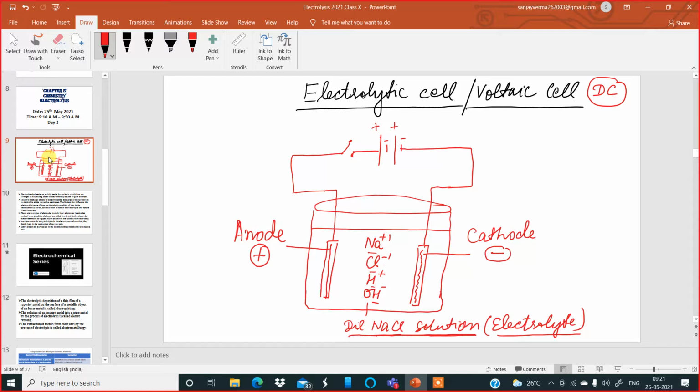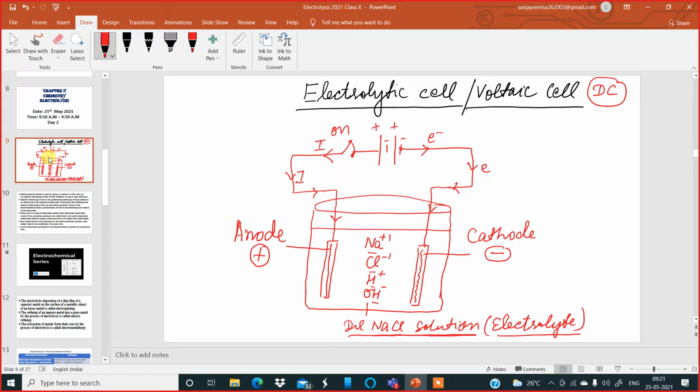But as soon as I put on the switch, the current starts to flow from the positive terminal of the battery in this direction towards the left. And from the negative terminal of the battery, electrons start to flow in this direction, like this.